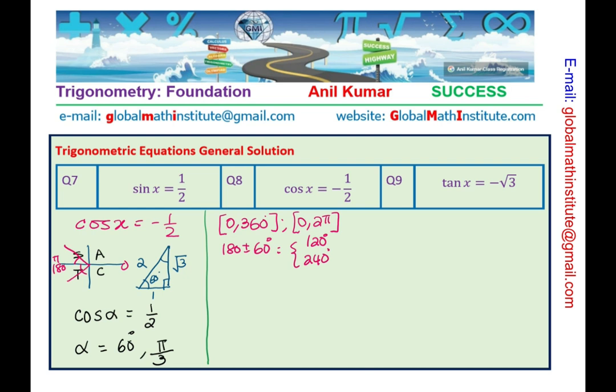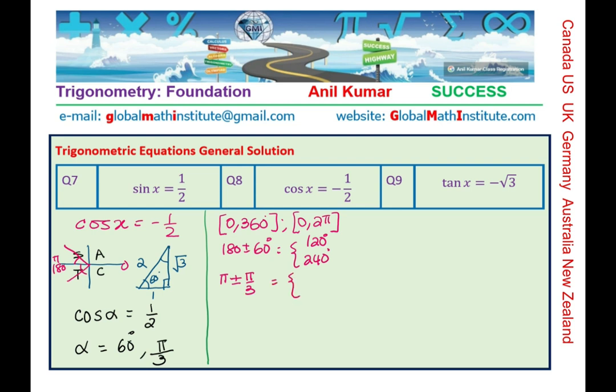So these are your two solutions, correct? So whenever you get this angle alpha, you can do pi plus minus alpha. If you're working in radians, then it is pi plus minus pi by 3.